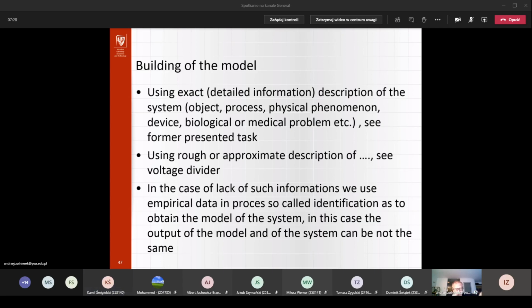So what is this voltage divider? What is it an example of?